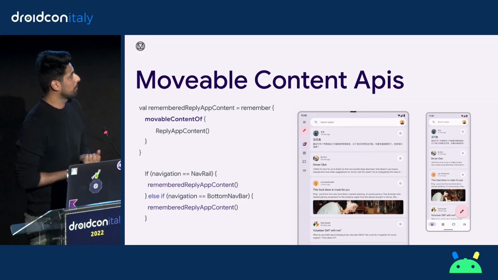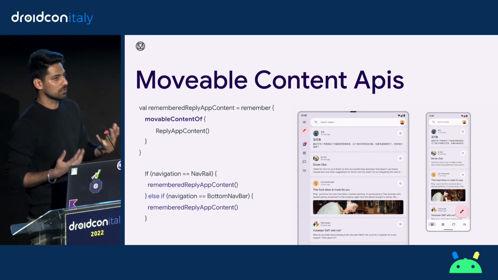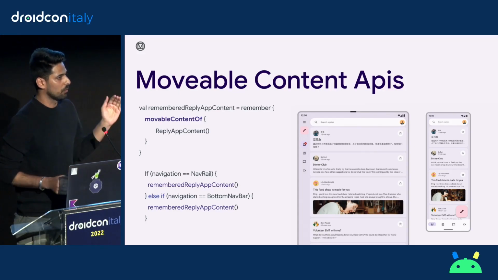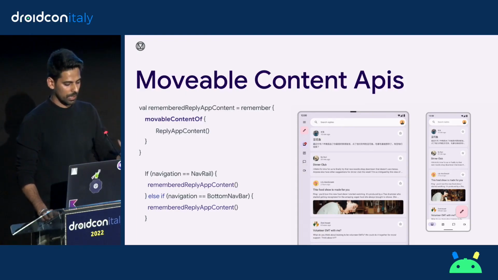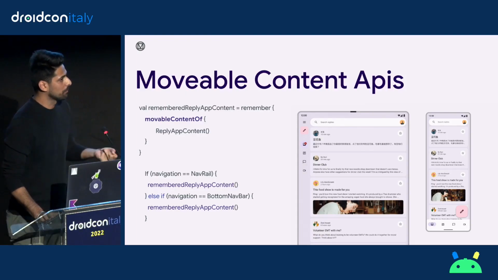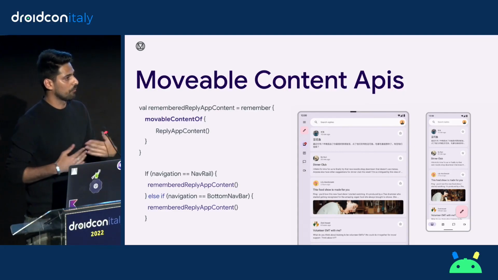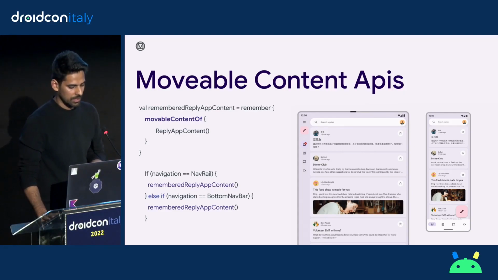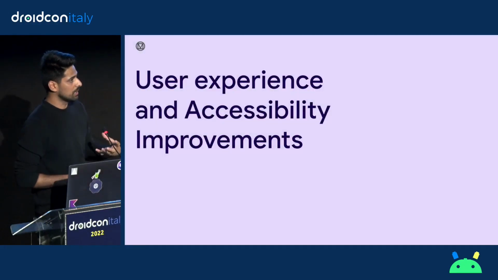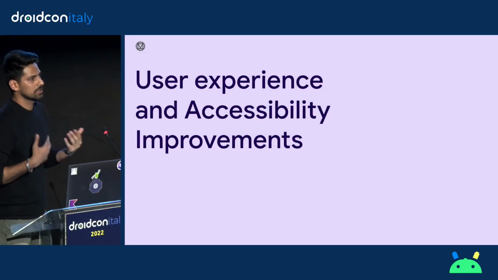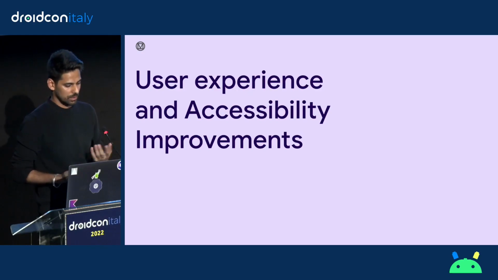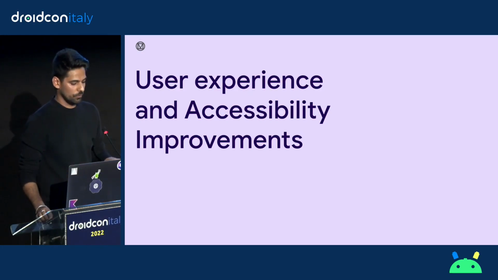This gives us very powerful performance benefits and actually avoids a lot of recompositions down all the levels. So keep an eye on this API. We are further improving it and adding more features to it so it can be used in a wide variety of cases. All we did here is also leveraging towards improving the user experience and accessibility improvements as well.